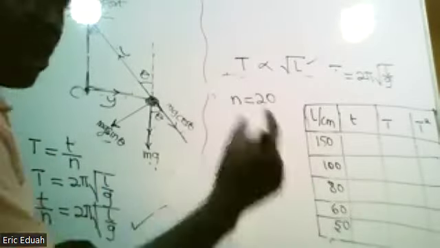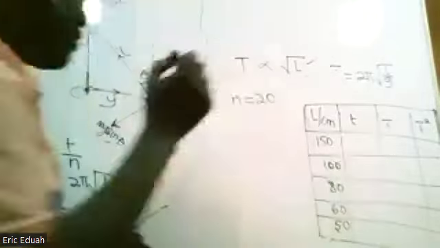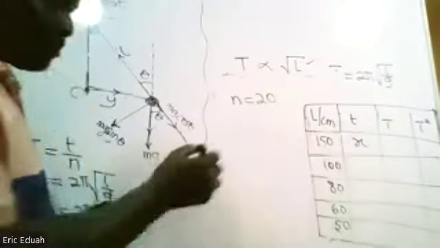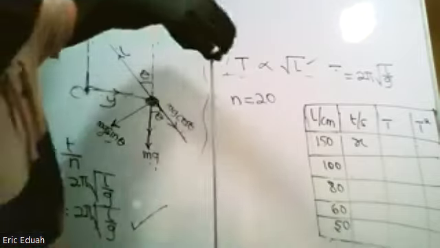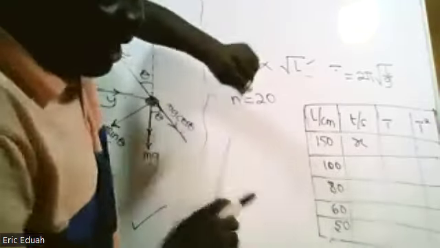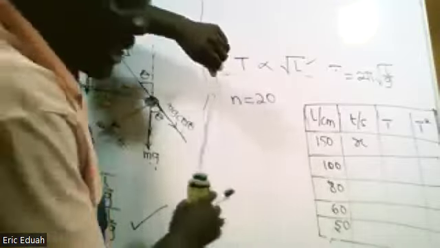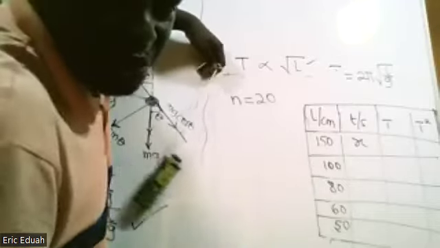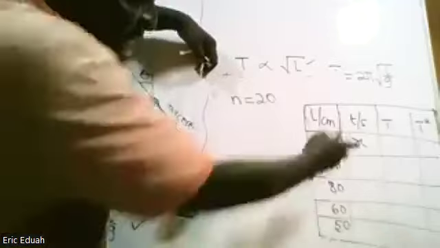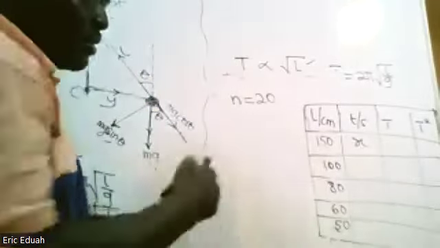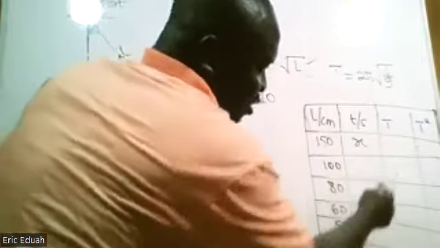After the 20 counts, you record the time here. Maybe you had X seconds. Then you measure 100 and go through the same thing. Displace, count and time for 20 oscillations, just as you did in the 150. Record the time on and on.